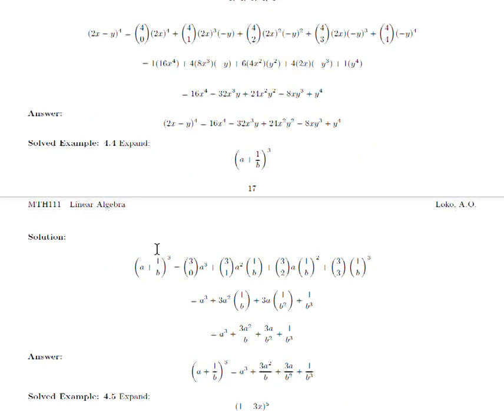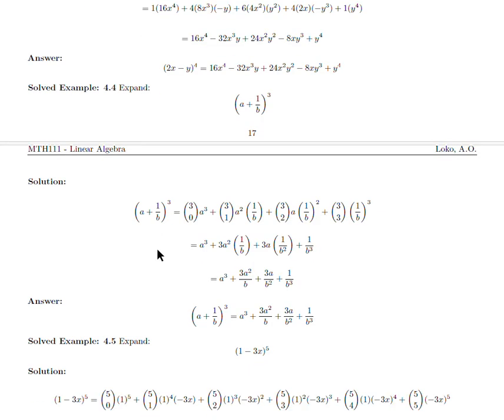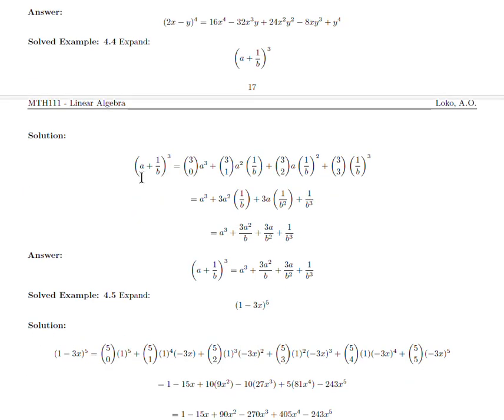So I have another example. A plus 1 over b all cube, right? So in this case our a is a, but our b is now 1 over b, right? Our n is 3.